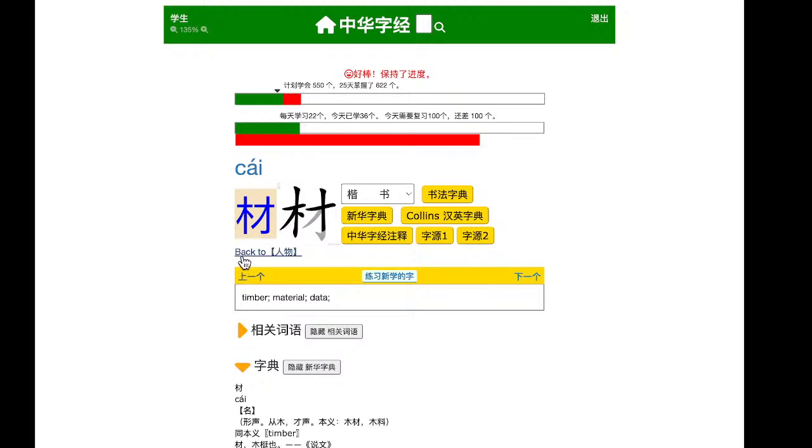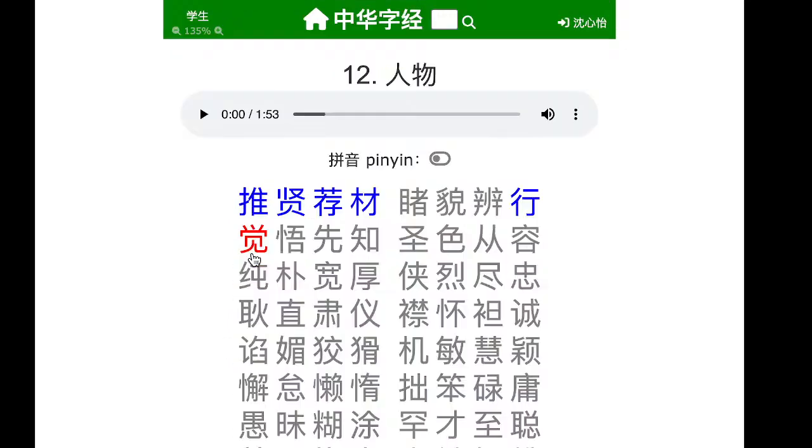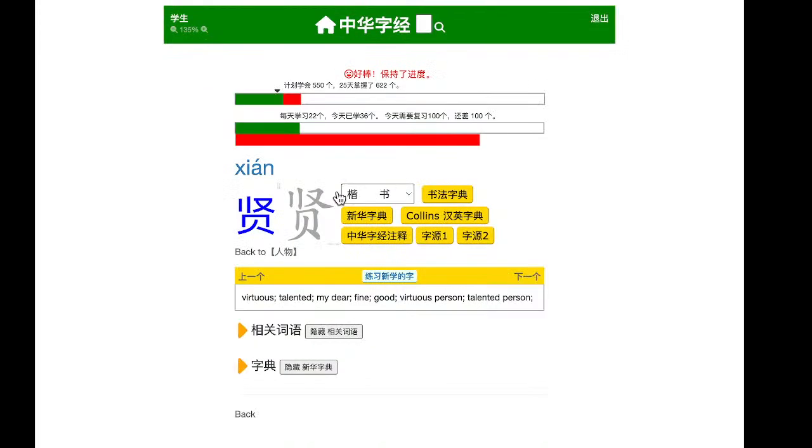Whereas if you use 才, like the one in the other chapter, I know it's in this one too, this one is also 才, but it doesn't have that wood on the side. So this is talking about talents and special gifts. So slightly different meaning. A little bit confusing. Here we're talking about recommending people who are fine and talented and virtuous.